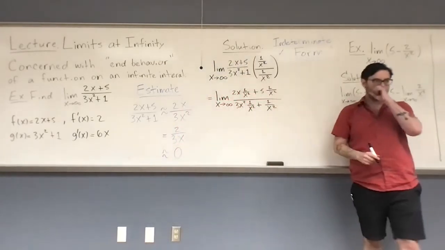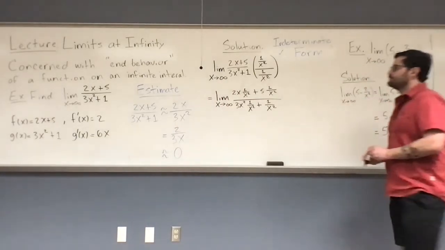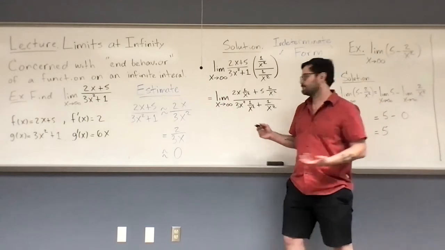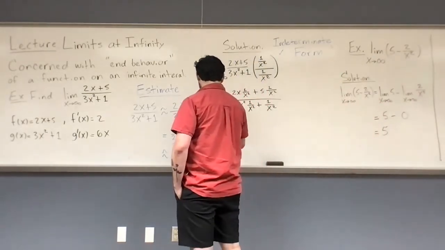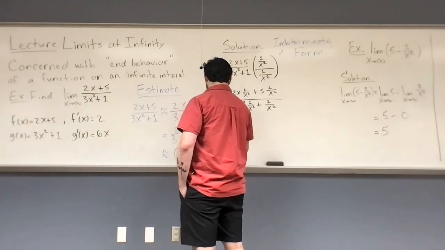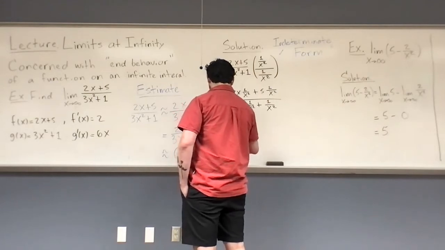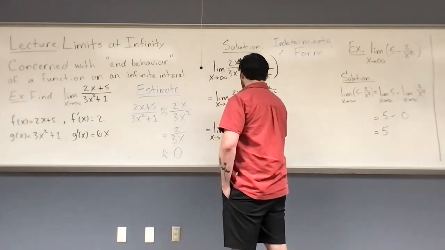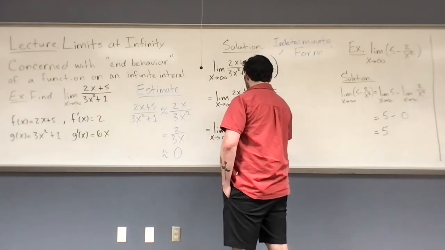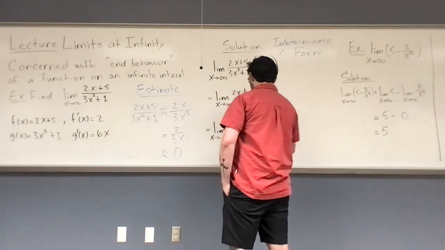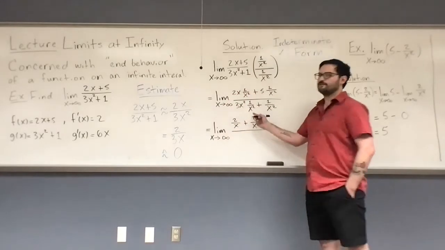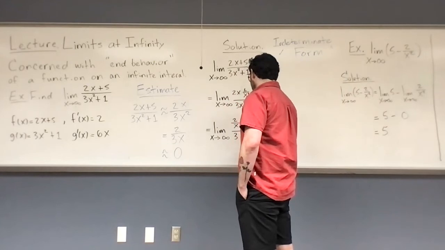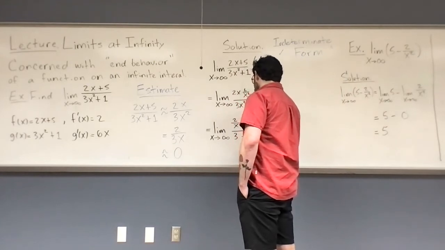Just distribute in, right? And then we see 2x over x squared is 2 over x. So we'll have 2 over x plus 5 over x squared, all over 3x squared over x squared, which is just 3, plus 1 over x squared.